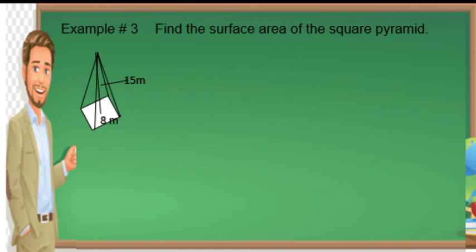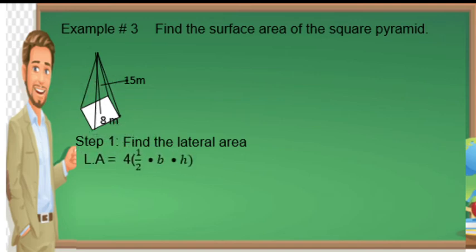And the 8 meters is the width. Okay, so first, we have to find the lateral area. And the lateral area is equal to 4 multiplied by the quantity 1/2 times base times height, since they are all in the form of a triangle.